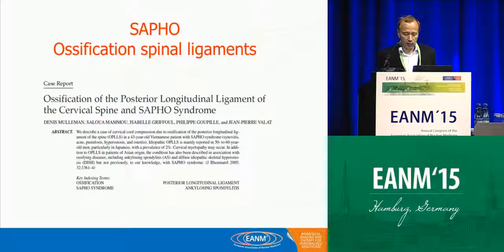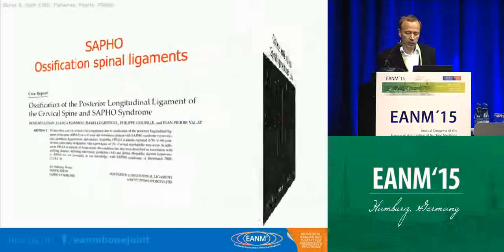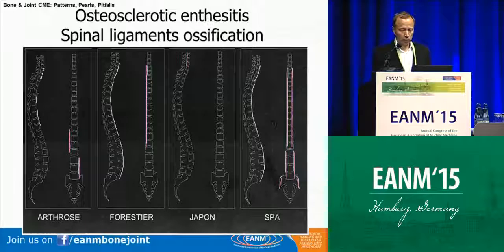For instance, the spinal ligaments are prone to be ossified in SAPHO syndrome. In this publication it was the posterior longitudinal ligament, but it can occur with the anterior longitudinal ligament, which was the case in this clinical vignette.